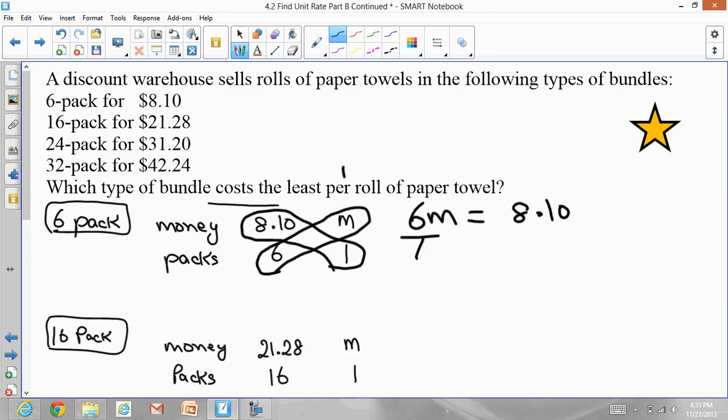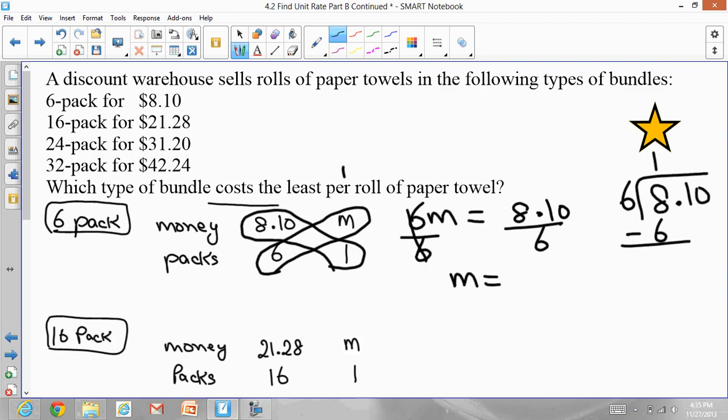And now all you have to do is divide by 6 here, divide by 6 here, cancel, m equals 8.10 divided by 6. 6 goes into 8 once, 6, 2, decimal point goes up, 1 comes down, 6 goes into 21 3 times, which gives me 18, 19, 20, 21, 3. Bring the 0 down, 6 goes into 30 5 times. So it'll be $1.35 for one pack.